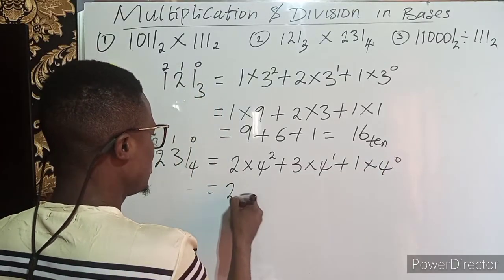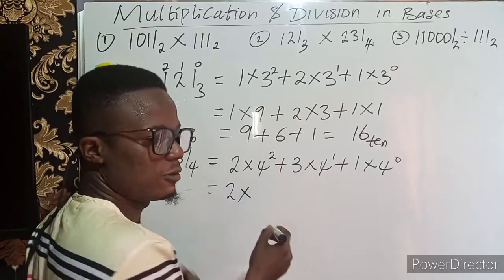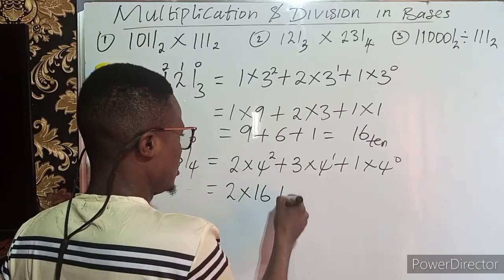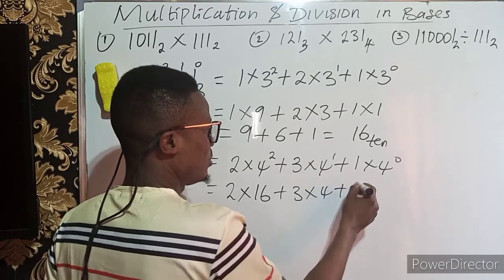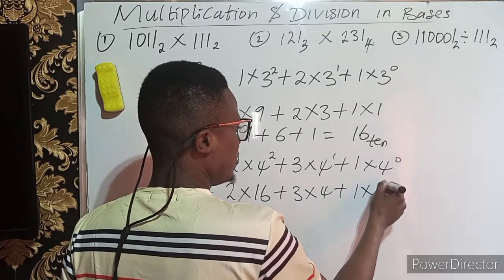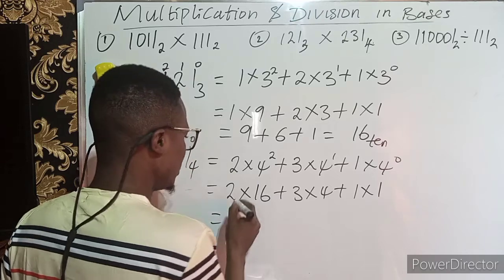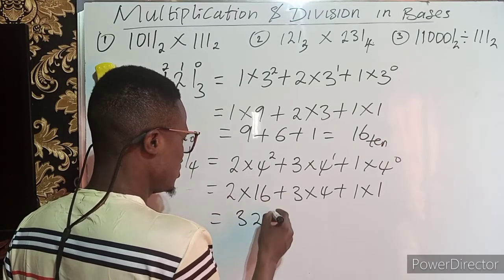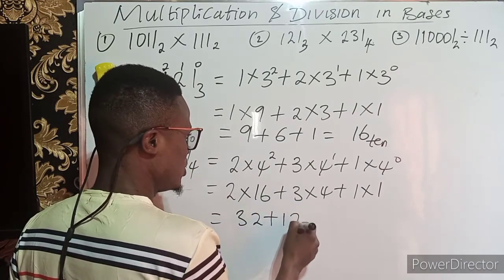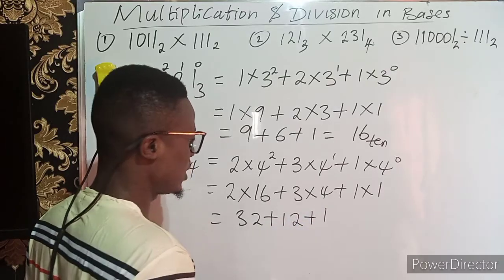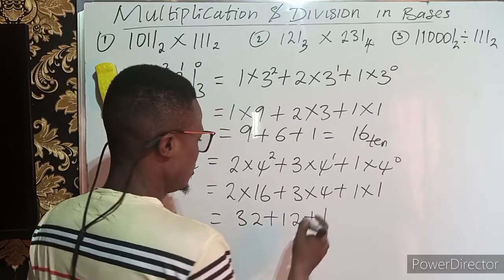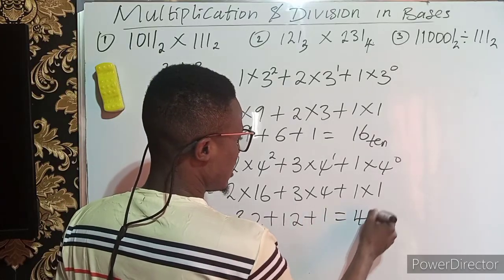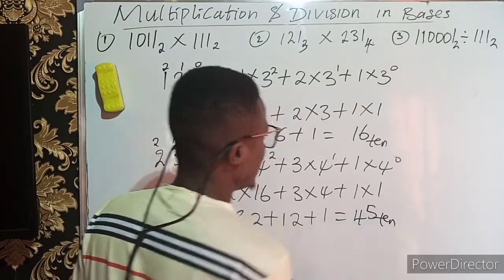So this is the same thing as 2 times 4 power of 2 is 16, plus 3 times 4 power of 1 is 4, plus 1 times any number power of 0 is 1. 2 times 16 is 32, 3 times 4 is 12, and 1 times 1 is 1. So 32 plus 12 is 44, plus 1, we have 45 in base 10.